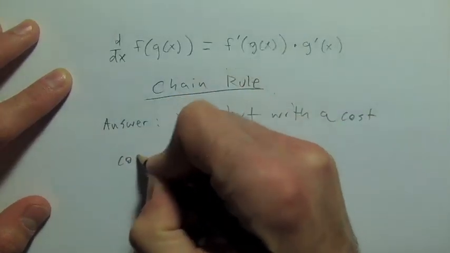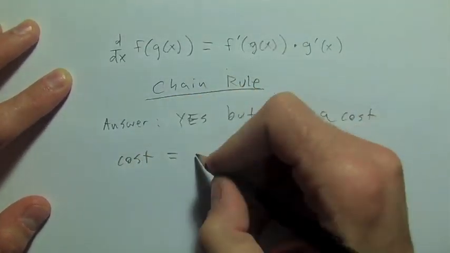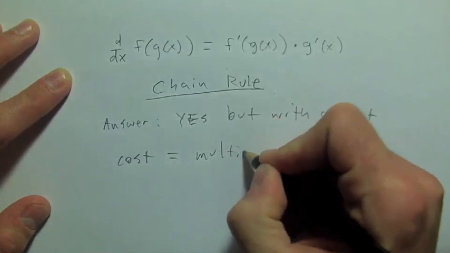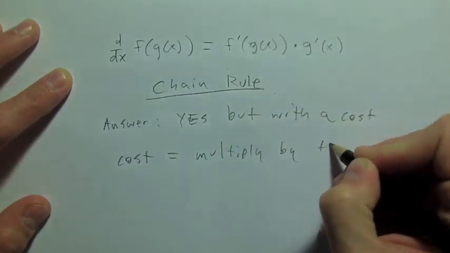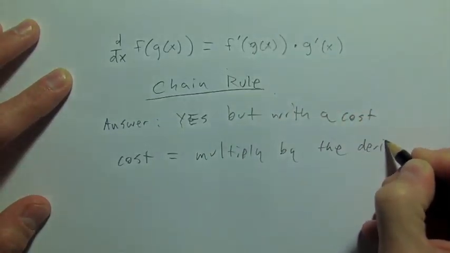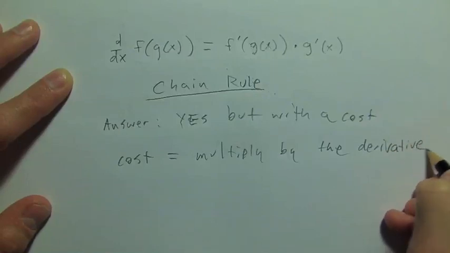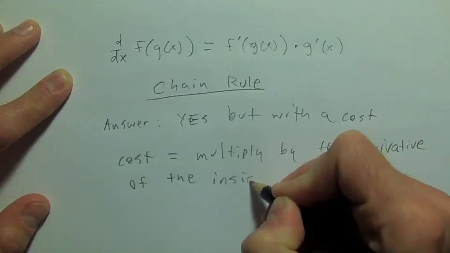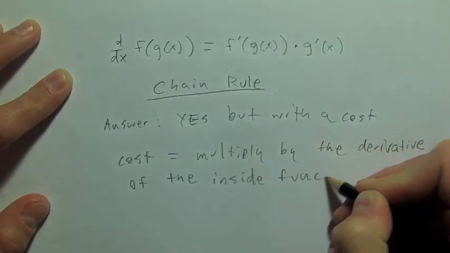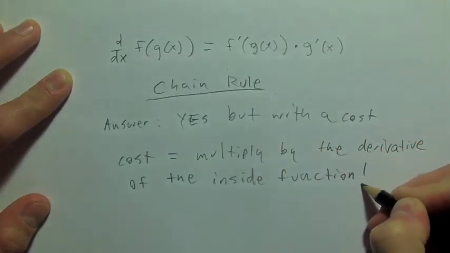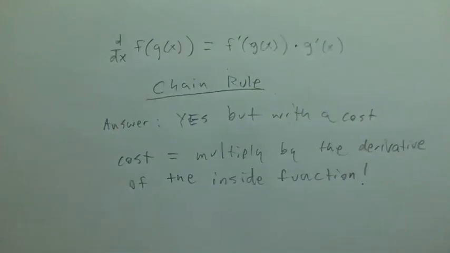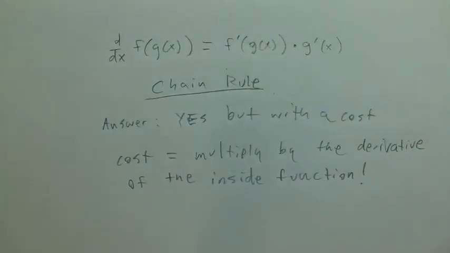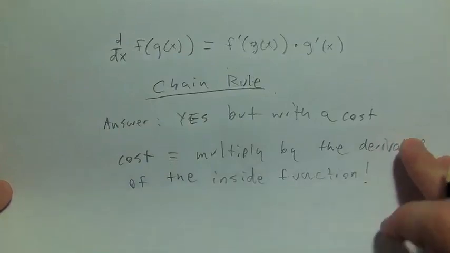The cost is that you must multiply by the derivative of the inside function. Okay, but other than that, these rules actually do extend. You can generalize them, you can extend them just fine.